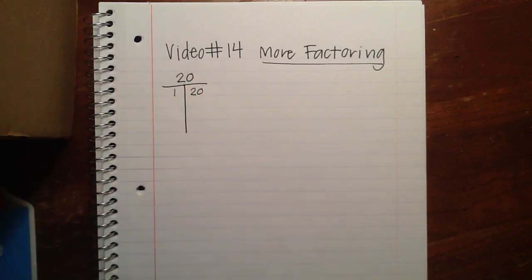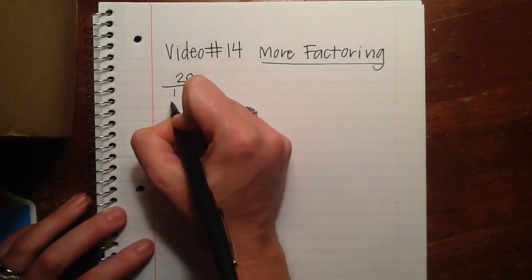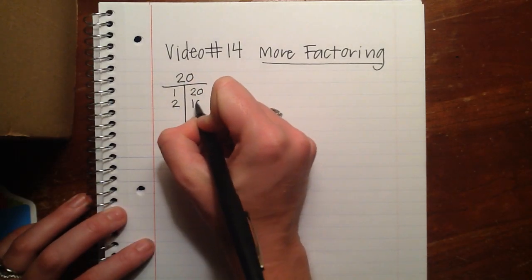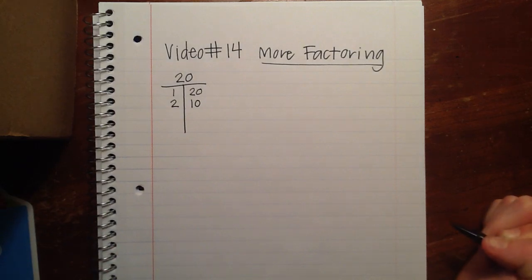Now I'm going to think, does anything times 2 equal 20? Yes. 2 times 10 equals 20. Does 3 times something equal 20? No, not that I can think of. Does 4 times something equal 20?